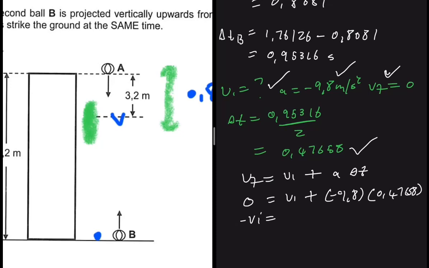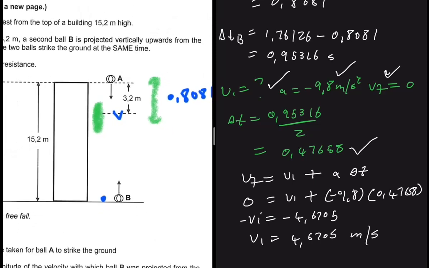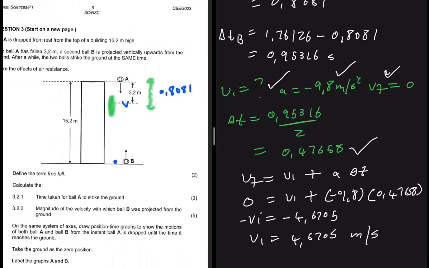I get minus VI being equal to minus 4.6705, and then VI is equal to 4.6705 meters per second. That is the initial velocity at which ball B is projected upwards.